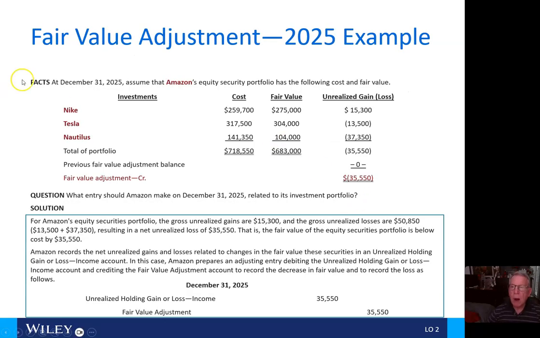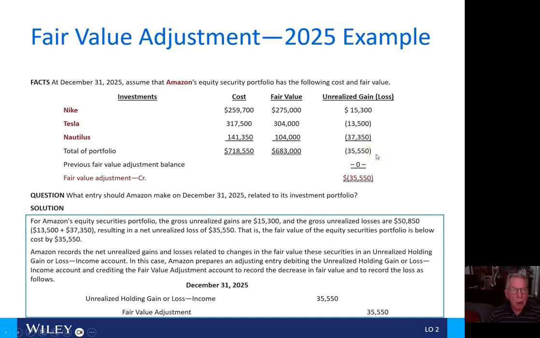Okay, now at December 31, we're going to assume Amazon's equity security portfolio has the following costs and fair values. So here's all the costs, $718,550,000 as we just described, but the fair value has fallen to $683 million.